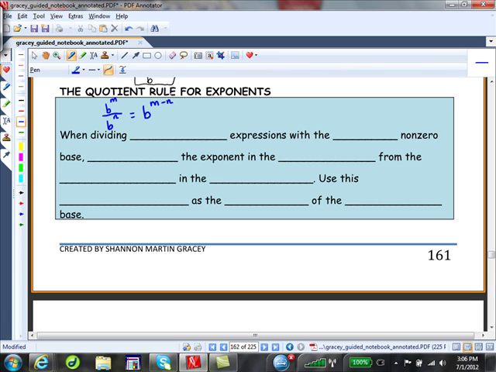When dividing exponential expressions with the same non-zero base, subtract the exponent in the denominator from the exponent in the numerator.